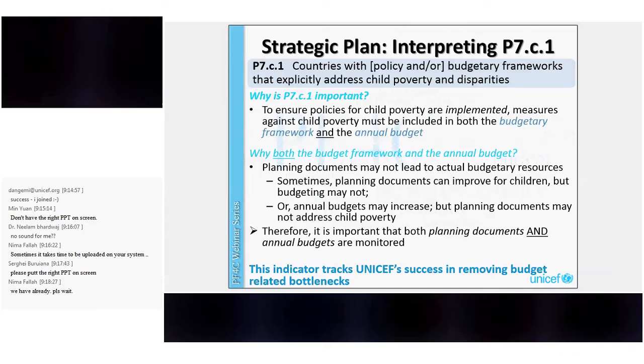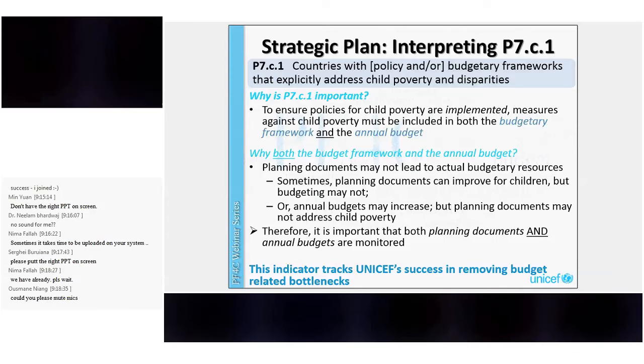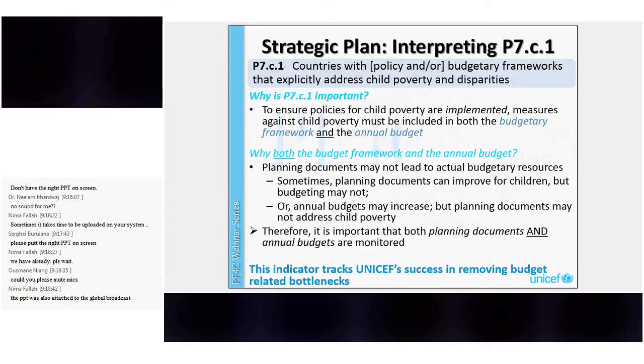So you might consider a heavy oil exporter: their budget's increasing, they've got a lot of money, but they don't really have policies or budget frameworks that actually address child poverty and child disparity. So it's really important that both documents and budgets are monitored.